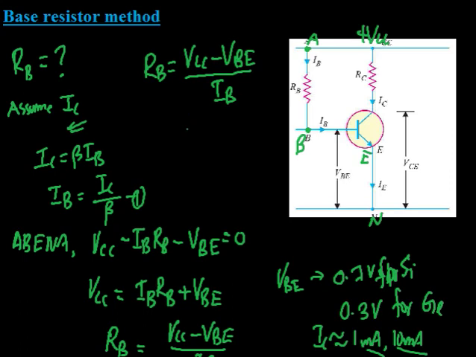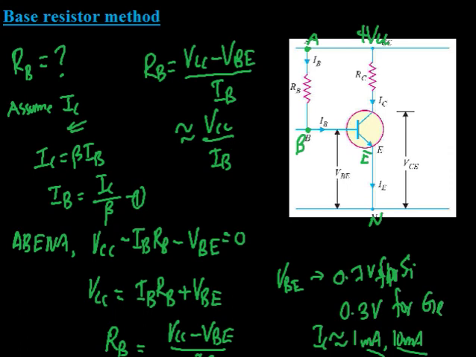In practical purposes, the value of VCC is around 10 to 12 volts, and the VBE is only 0.7 for silicon and 0.3 for germanium, so that can be neglected when compared with VCC. So RB can be approximated as VCC by IB.